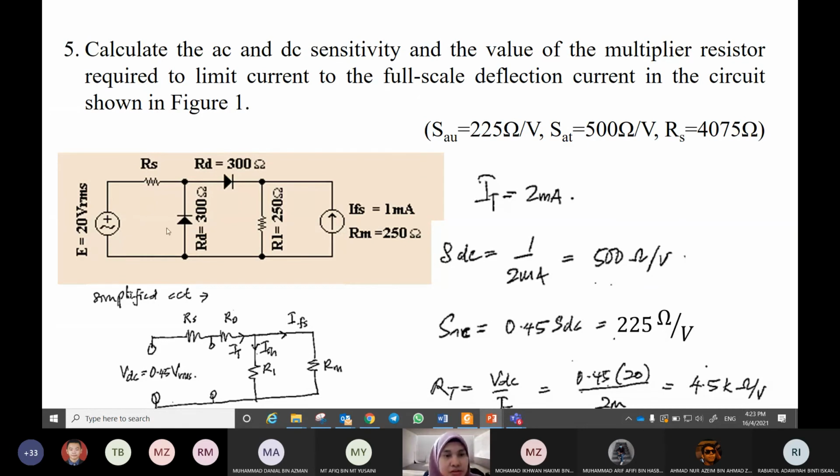So this diode is in reverse bias, so it cannot conduct current. So current will flow through this Rd only.